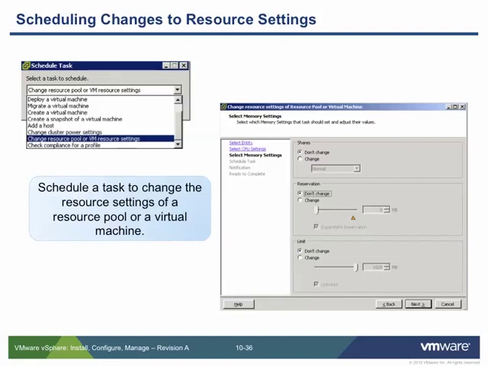Another thing that's pretty cool, one of the more advanced features, is that you can schedule changes to the resource settings. What that allows us to do, as you can see on the screen here, is adjust shares, reservations, or limits by time. So maybe at end of day, office workers are shutting down and going home.